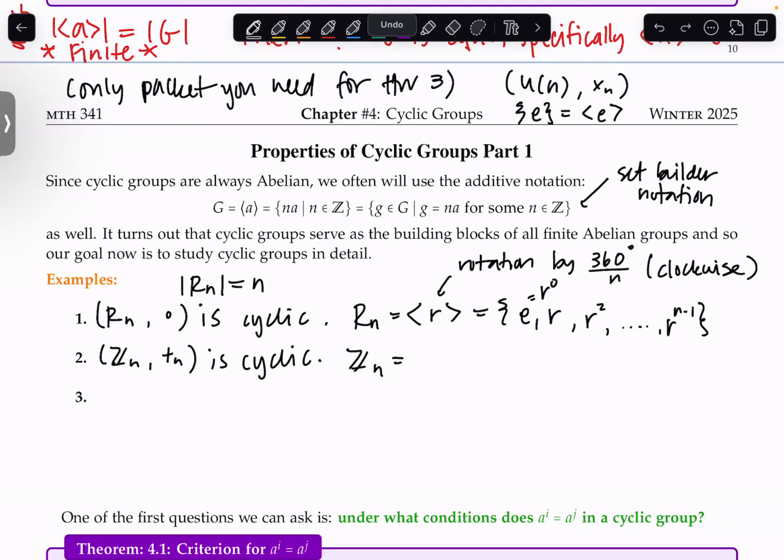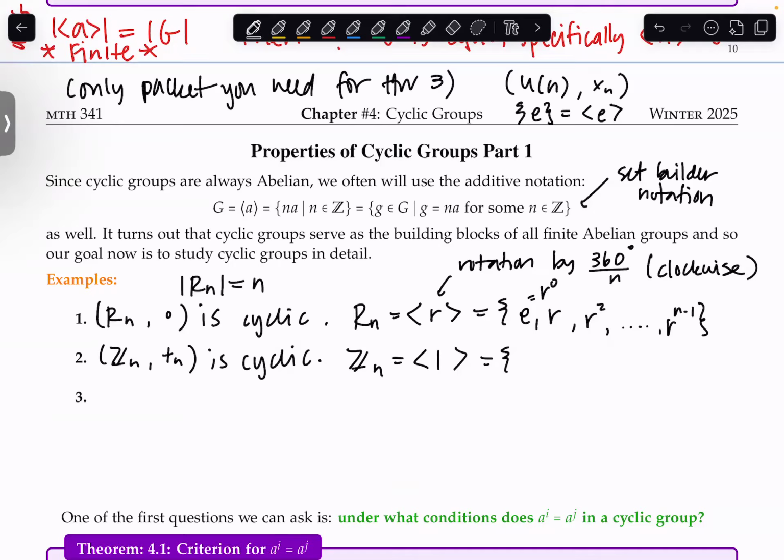Which element? By 1. Here I want to remember my operation is addition mod n. So I want to add 1 to itself some number of times until I get back all of Z_n.